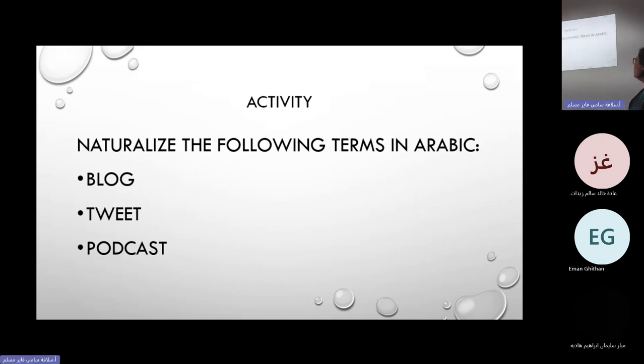Naturalize the following terms in Arabic: blog, tweet, and podcast. Blog it, tweet it, and podcast it. How do you say that in Arabic in a natural way? Blog that is in English. How do you say it in Arabic?